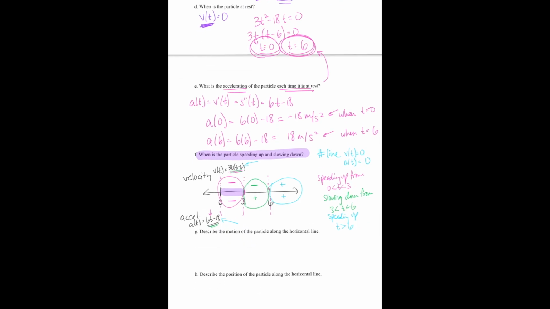Okay, now I'm going to continue to look at that number line because it tells me so much information. All right, so when this is asking me to describe the motion of the particle along the horizontal line, this will let me know when it's moving left and right.